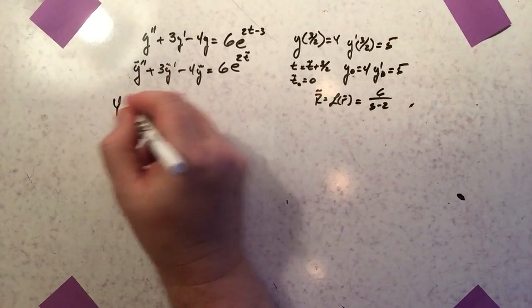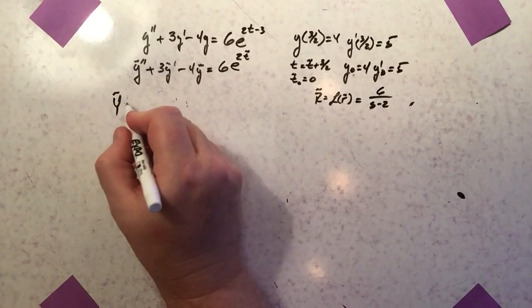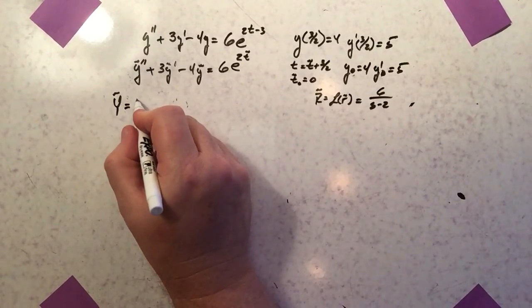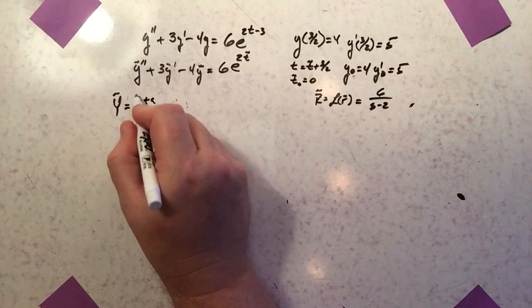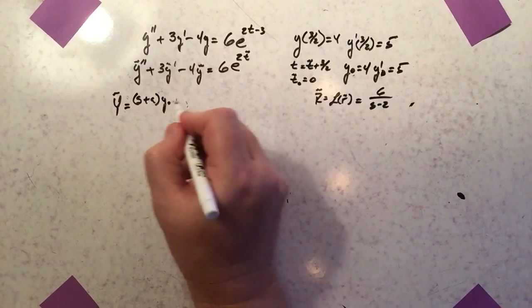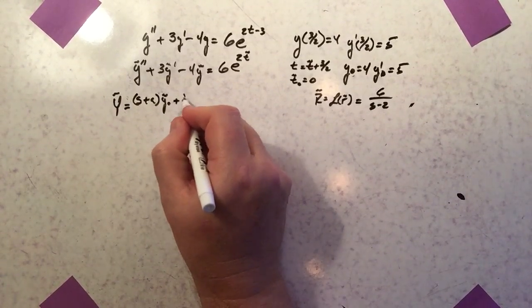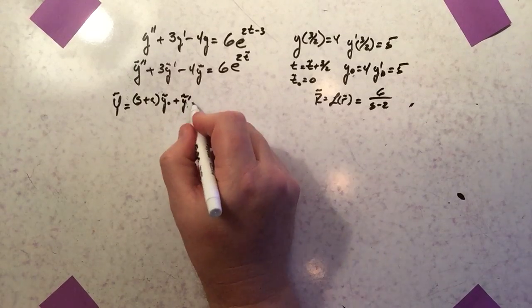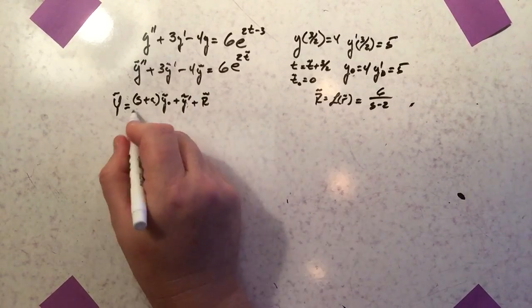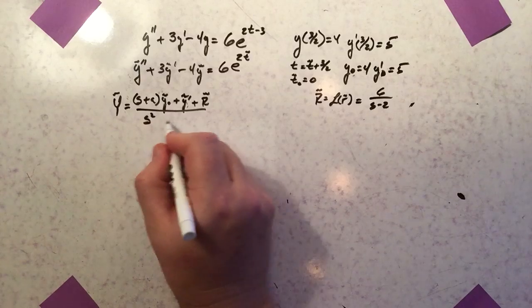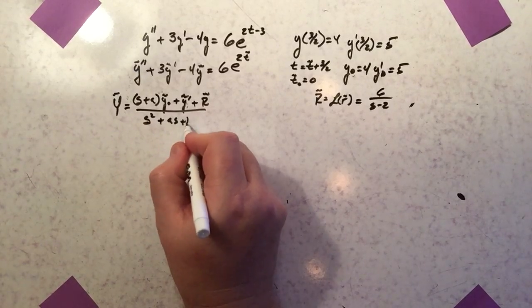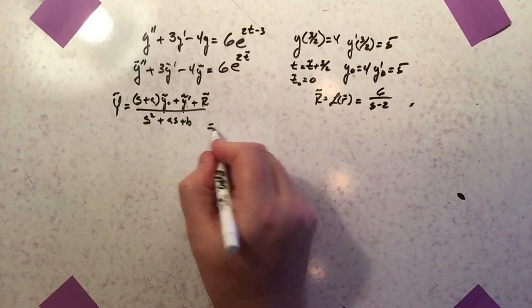Well, now I want to write that function. It's really y tilde because everything's transformed, so it's s plus a times y naught tilde plus y prime tilde plus r tilde, and that's all over s squared plus as plus b. Well, we can fill all this in now.